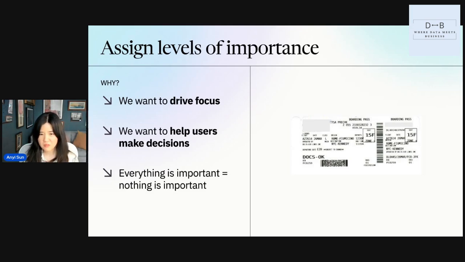So again, it's hard to find a boarding time. So when do I need to be at the gate? I don't know. And when everything is important, nothing is important. So all the information here is presented in the same way, aside from the seat number.